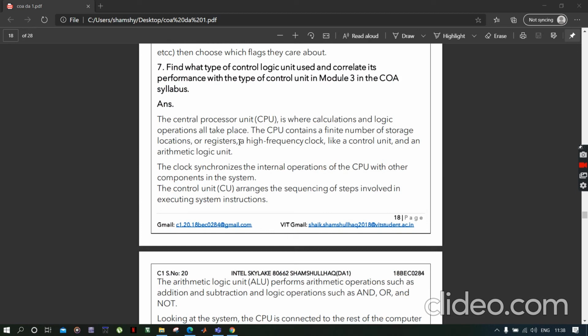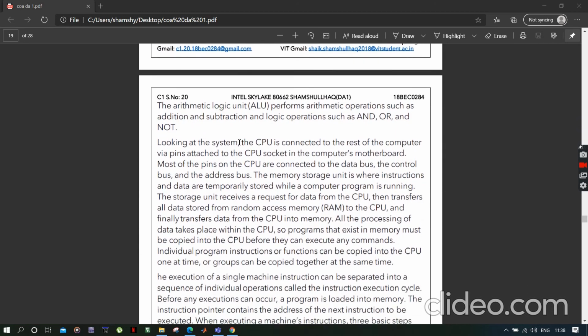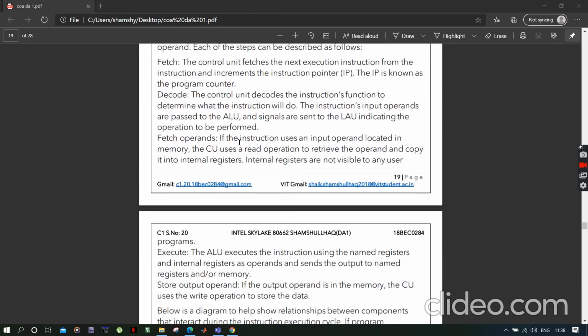The CPU contains a finite number of storage locations or registers, a high frequency clock, a control unit, and an arithmetic logic unit. The clock synchronizes the internal output with other components in the system. And here is the detailed information regarding the question. It's a lot to explain, so I want to keep this video short.